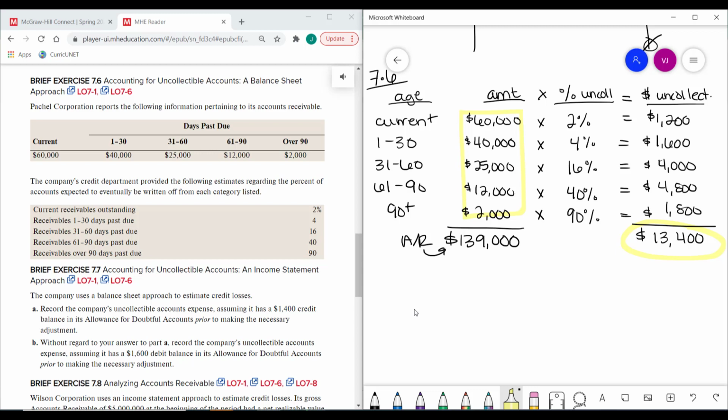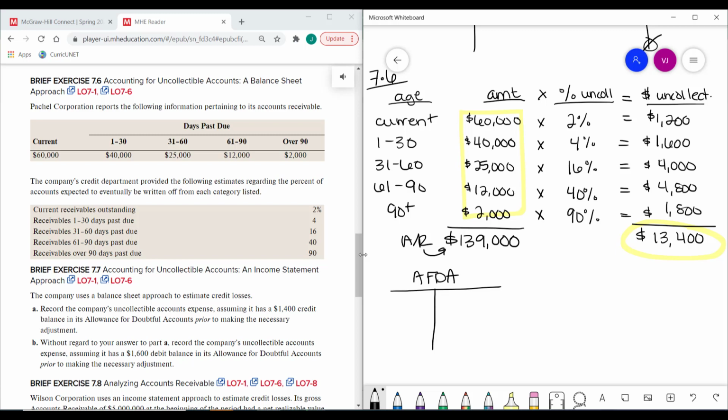So technically, if a portion of them is uncollectible, they've been uncollectible from the beginning. So technically the loss has already originated in this year. So we want to record that expense now in this year and not wait until after the fact. Okay? So in this case, we want to look at what is the balance in the allowance for doubtful accounts.